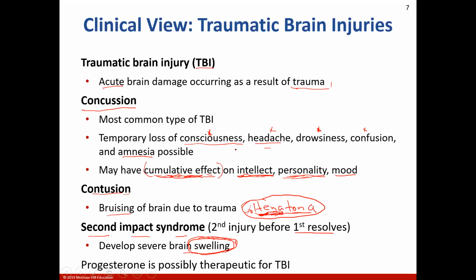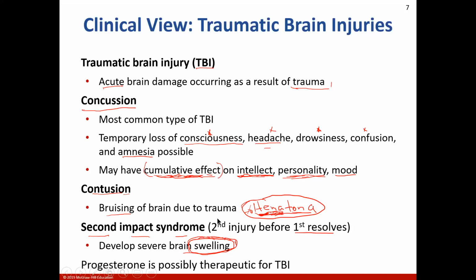What's the difference between CTE and TBI, if there is one? Well, TBI is acute, right? That's the main difference. So CTE is chronic traumatic encephalopathy. Like, you're an MMA fighter and you're constantly getting hit, and you're having impacts over and over.